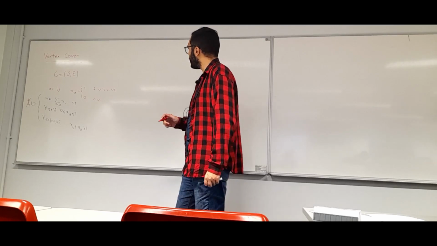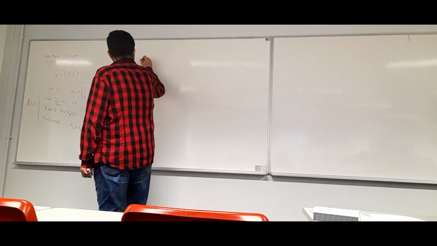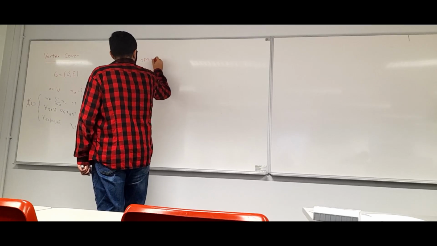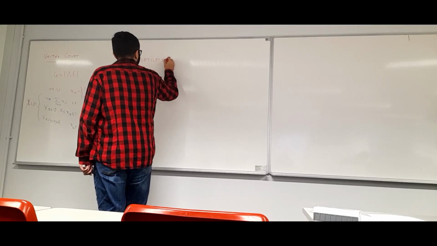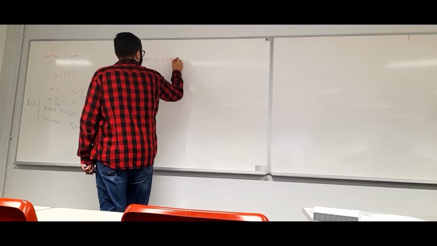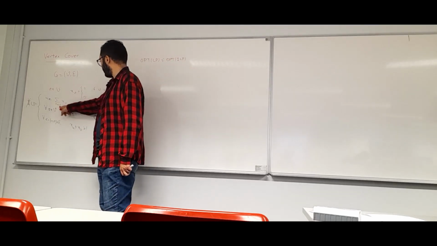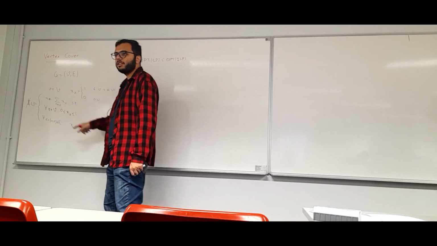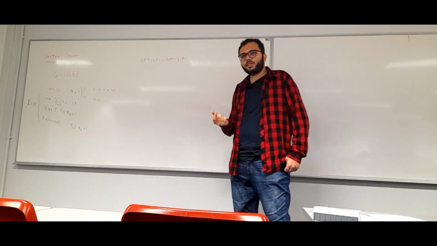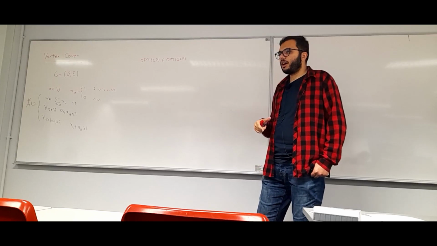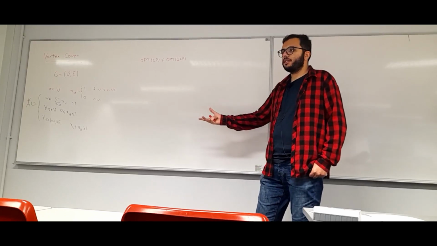Do you agree that the optimum solution for the LP is less than or equal to the optimum solution for the ILP? And by that I mean this value that we're minimizing, right? So when I'm going from ILP to LP, I'm giving myself more flexibility.